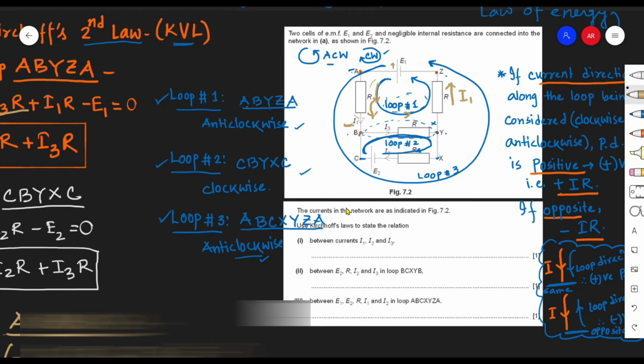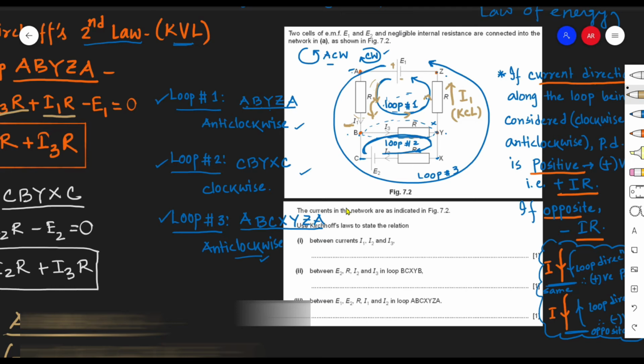What current has been liberated from the positive terminal of the battery E1? Isn't it I1? So since I1 has been liberated from the positive terminal of E1, it is obvious I1 will be entering into the negative terminal of E1. Current leaving from one point is the same as current entering into the point.